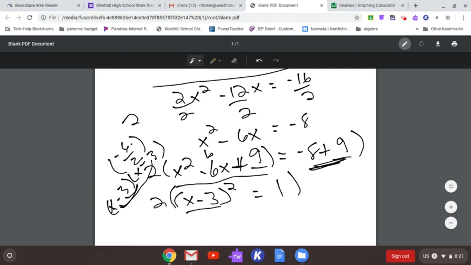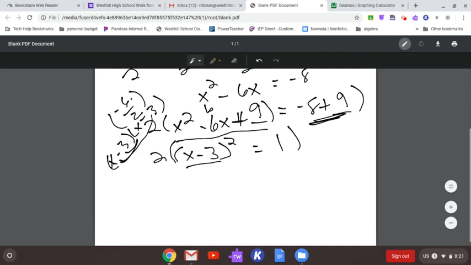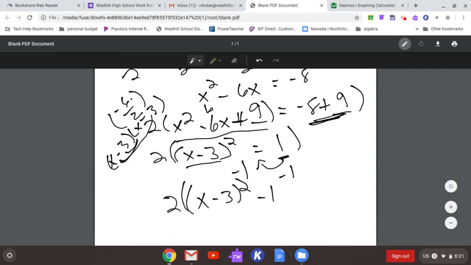Once we get here, this is where we stop the completing the square part, and that goes back to vertex form. This part has to move back over, and to move it, we would subtract 1. So then you have your 2 times x minus 3 squared minus 1, equals our 0.